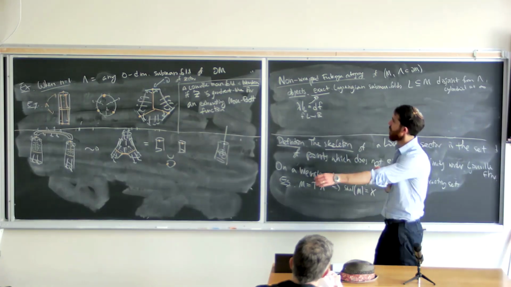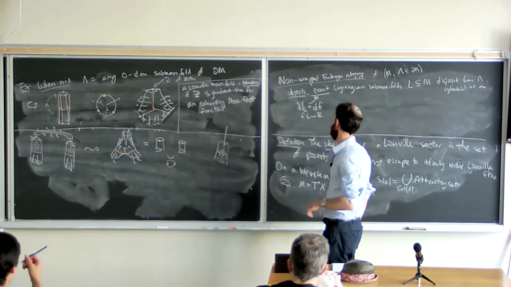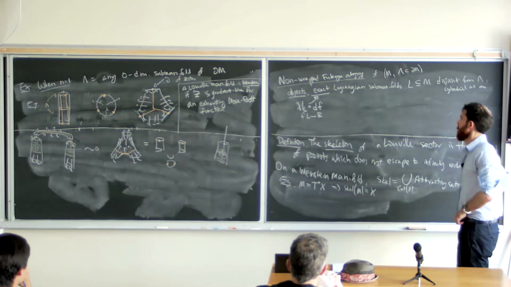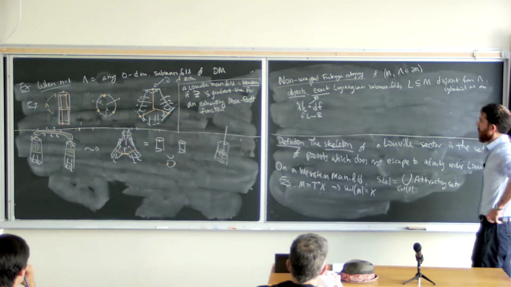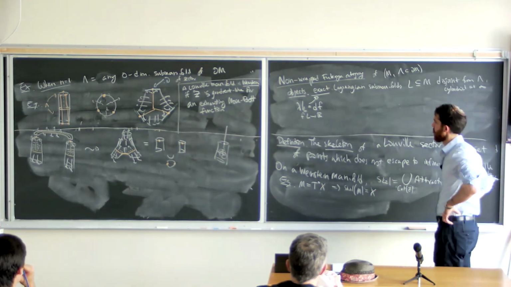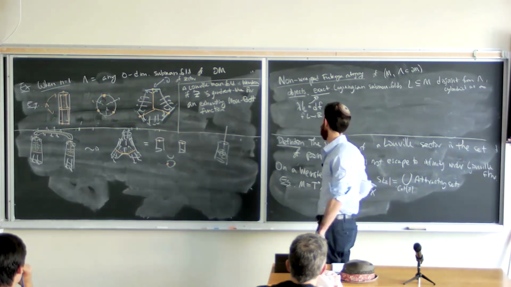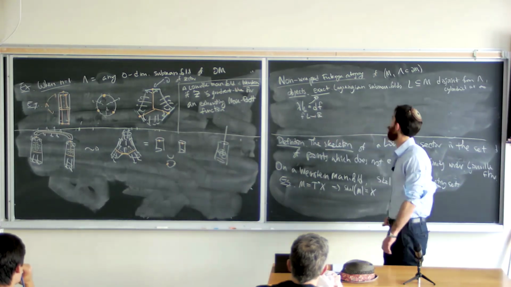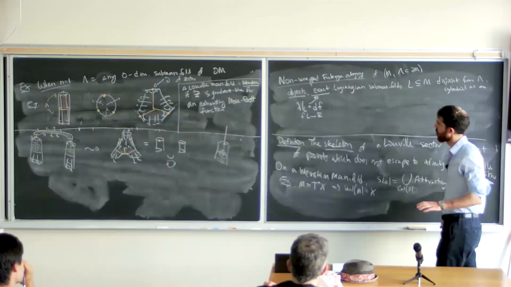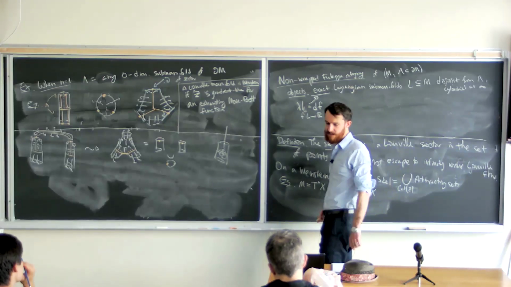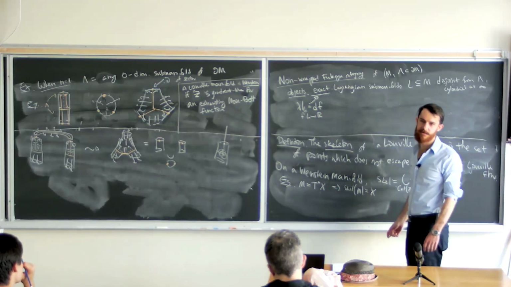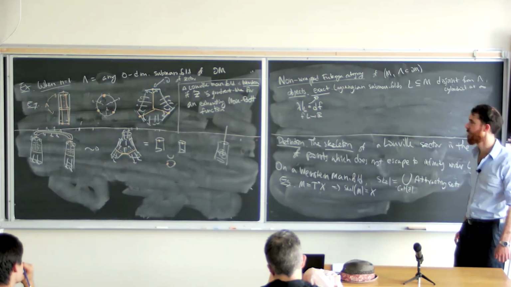Ultimately, in the Fukaya category, of course, you might want to consider non-exact Lagrangian submanifolds. That's going to lead to a lot more difficulties. The nice thing here is that studying exact Lagrangians in Liouville manifolds is a qualitative or topological thing.